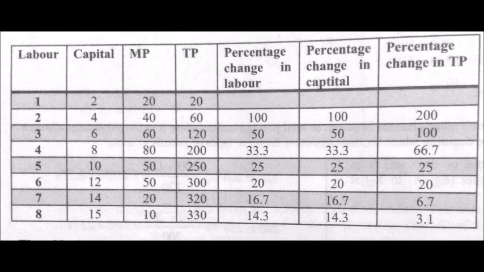As labor increases from 6 to 7, that's 16.7%. And capital also increases from 12 to 14, that is 16.7%. Total product increases from 300 to 320, that is 6.7%. The percentage increase in output is less than the percentage increase in both labor and capital, the scale.